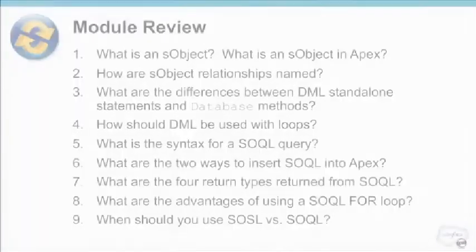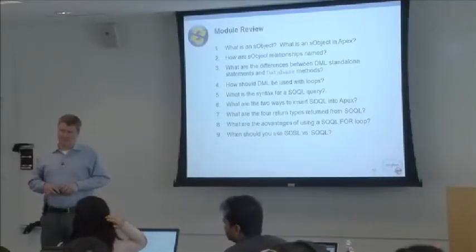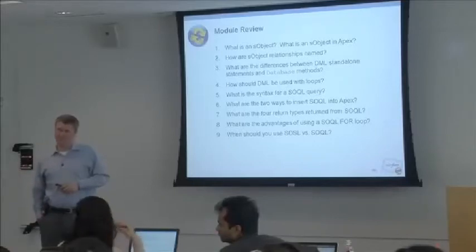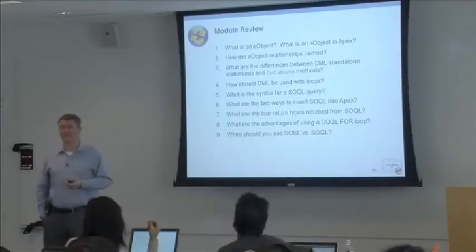Okay? What are the advantages of using a SOQL for loop? This is kind of a tough one. What is the key advantage of using that SOQL for loop? The more efficient, exactly.